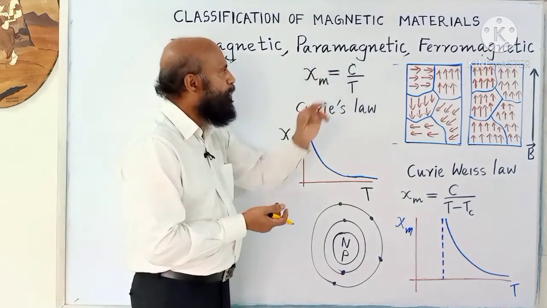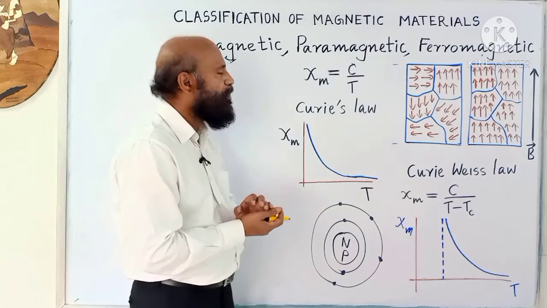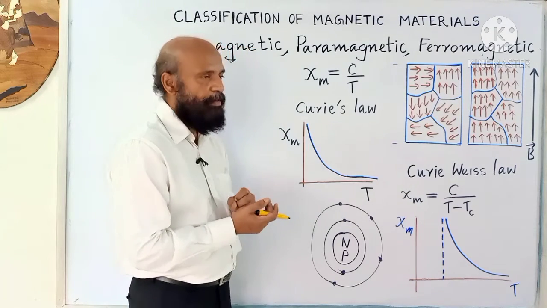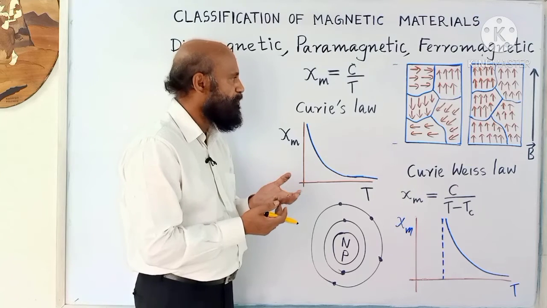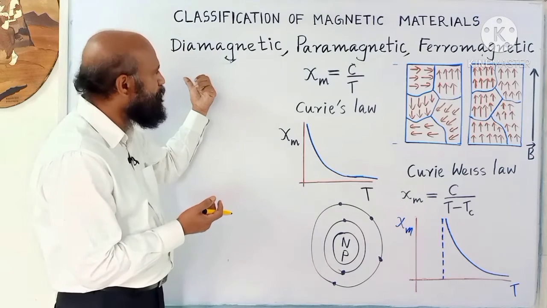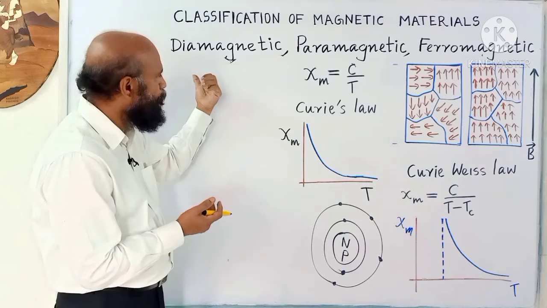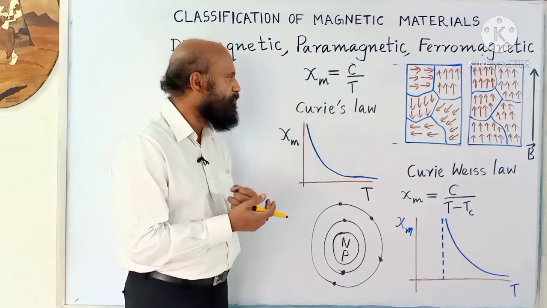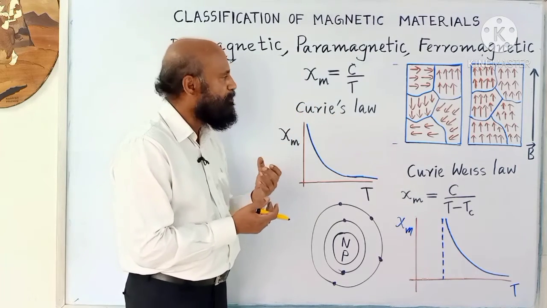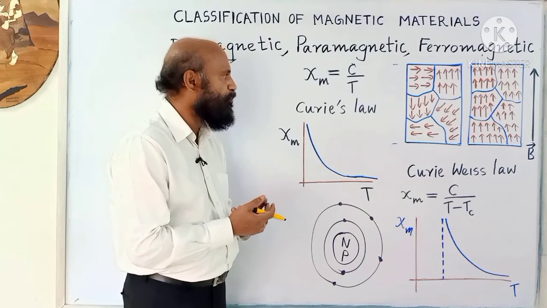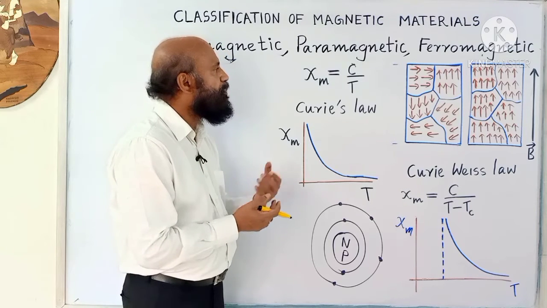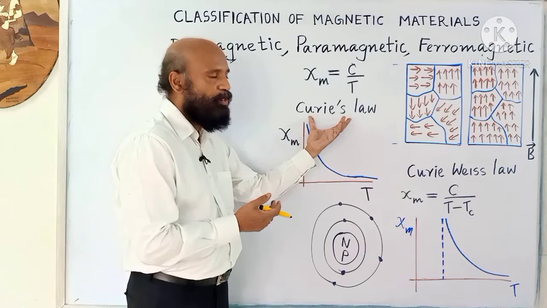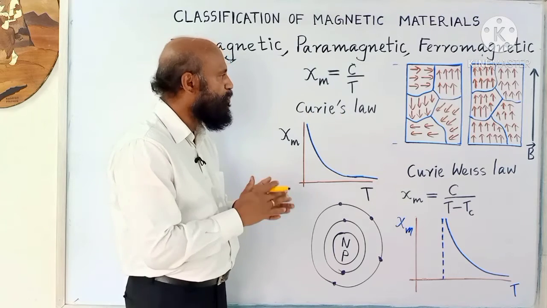But in the case of paramagnetic materials, the atoms have magnetic moments. When there is no external magnetic field, the net magnetic moment will be 0 because the magnetic moments of each atom are oriented at random.